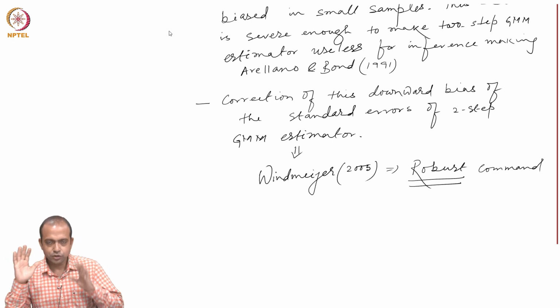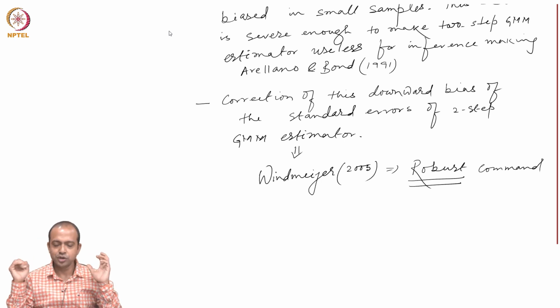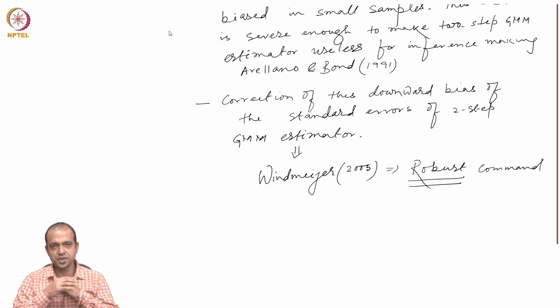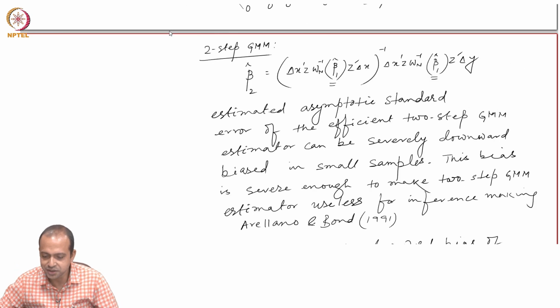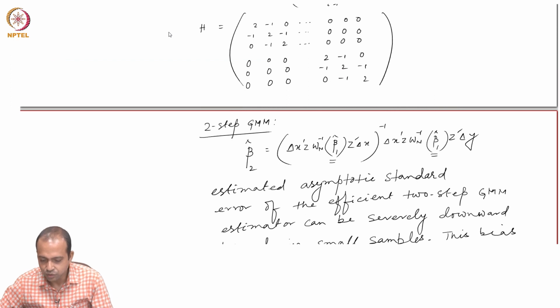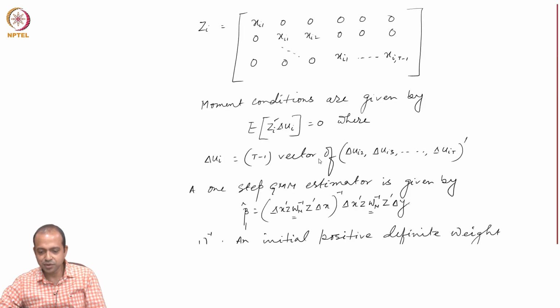Okay. So, that is what I wanted to tell you, that there are two types of GMM estimator, both in the context of difference as well as in system. We can get two types, either one step or two step. And the difference between one step and two step is basically on a particular weight matrix. If you look at the way we are estimating this, in one step everything is the same.